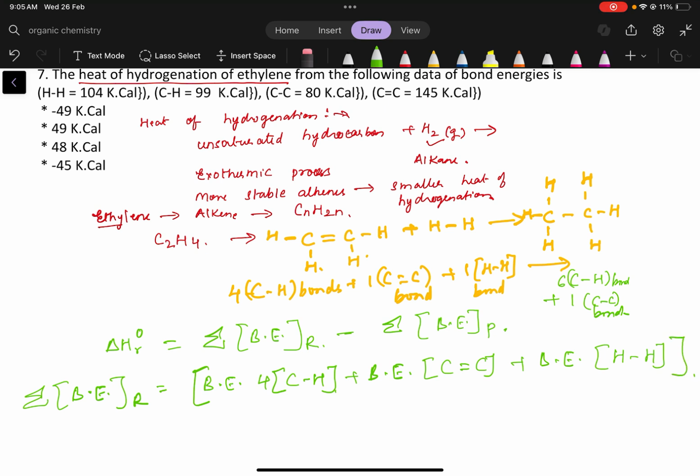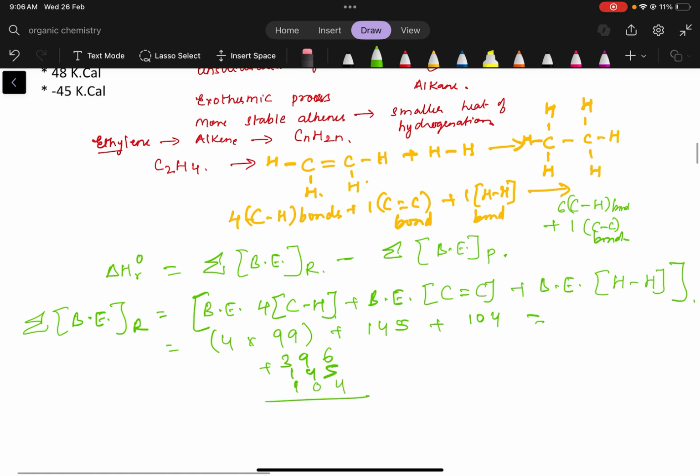So it comes to 4 into 99 plus 145 plus 104, which is 396 plus 145 plus 104, which equals 645 kilocalories. This is the bond energy of reactants.